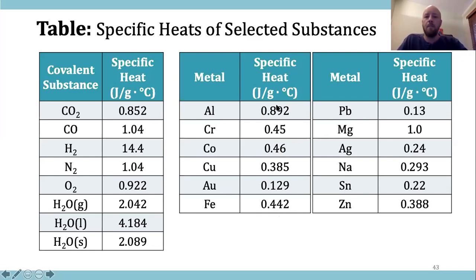If it wants to know the maximum heat, it has to be either the highest or the lowest value, right? And then we have to do some math. If I applied 100 joules of energy and I'm looking for delta T, that means I'm dividing.